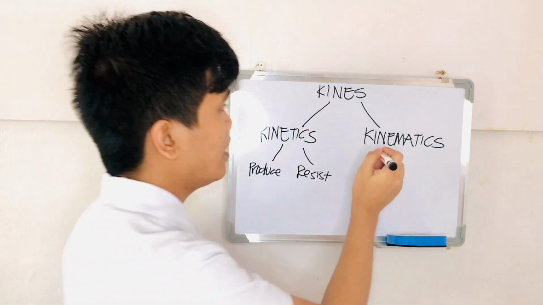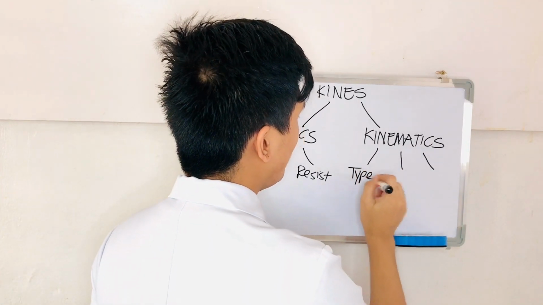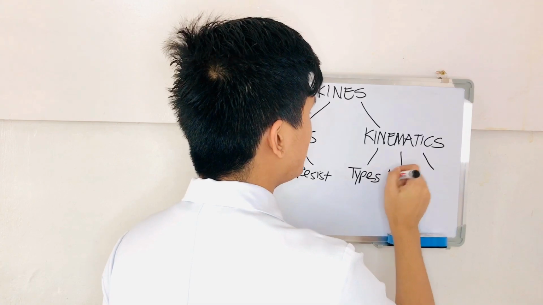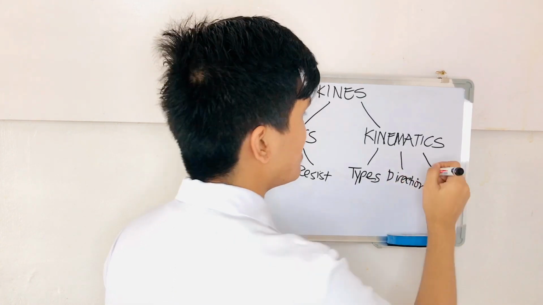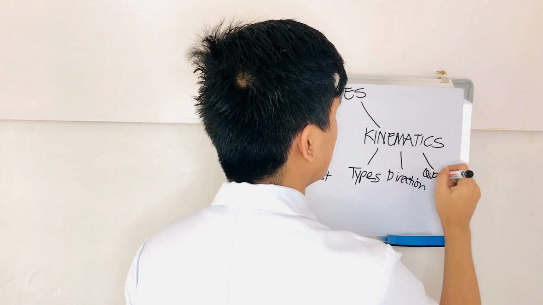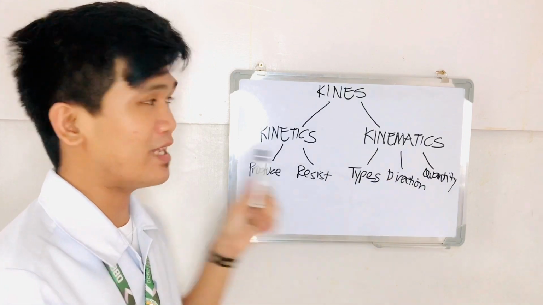So it's more on three things: the types of motion, the direction of motion, and the quantity of motion.